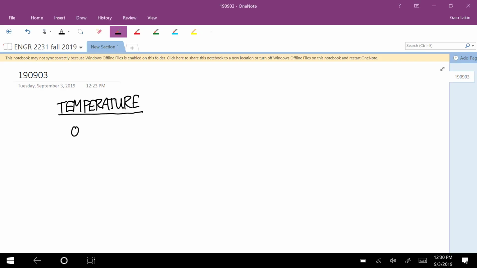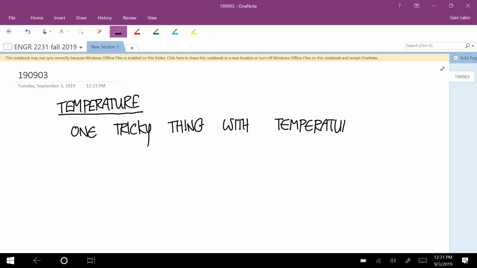So there's one tricky thing with temperature, and you don't get this with other types of unit conversions. And it all comes from the fact that different temperature scales have different zeros.